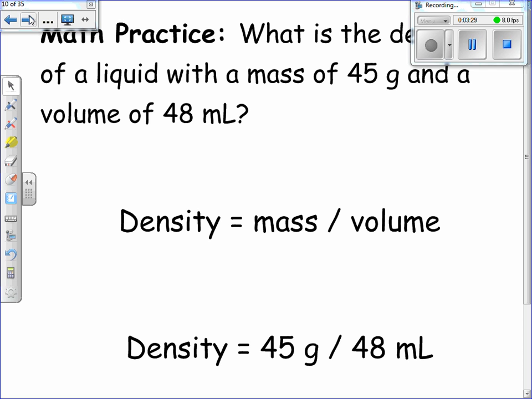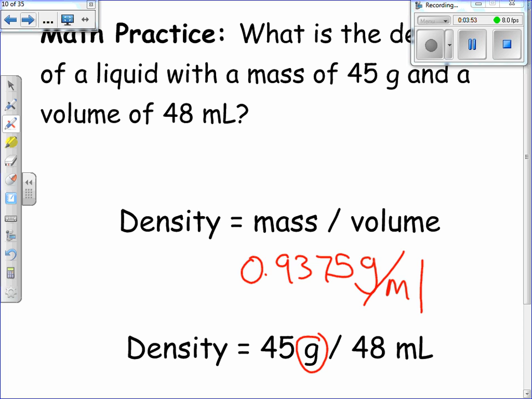If we put that into the calculator, 45 divided by 48, we get 0.9375, and that would be grams per milliliter, and we could probably round that to 0.938. Okay, so that's another example.